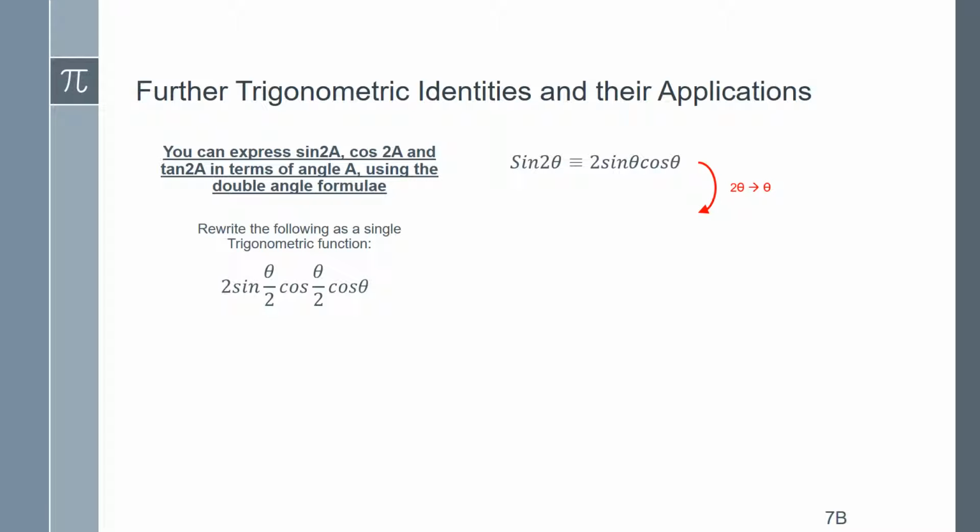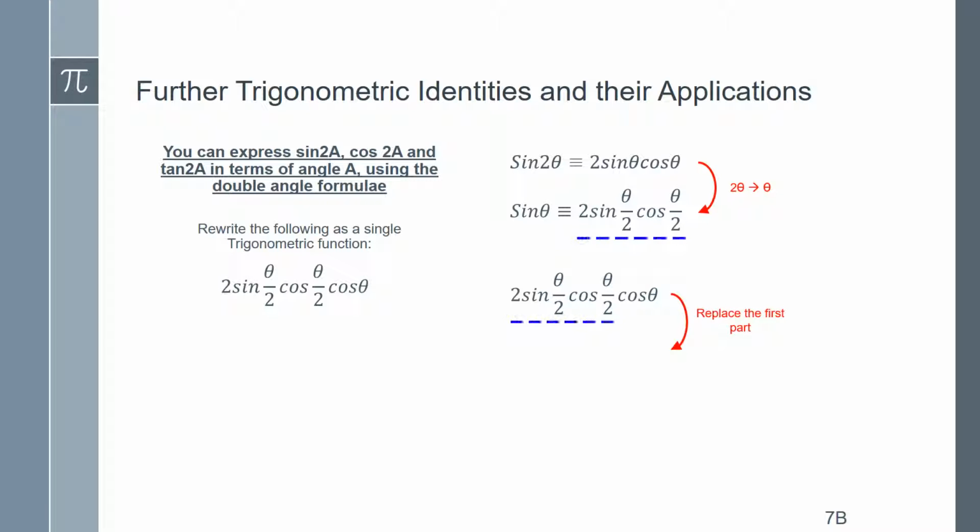But it's theta over 2, so that means that the 2A bit must be theta, so I get my theta over 2 in the thing. So sine theta is 2 sine (theta over 2) cos (theta over 2). So I could replace that 2 sine (theta over 2) cos (theta over 2) with just sine theta.